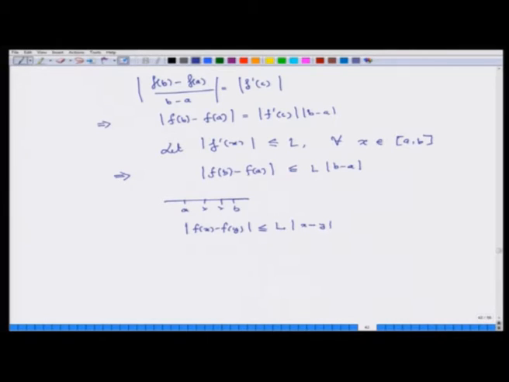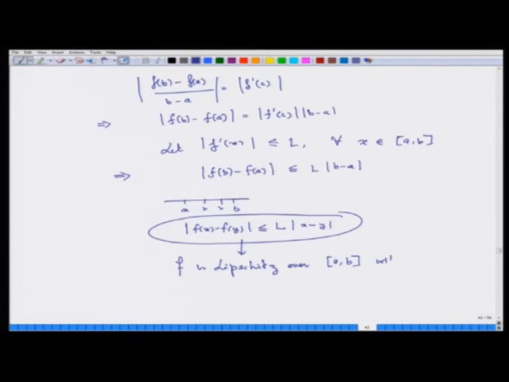So, this simply means that this property is called the Lipschitz property. So, we say that f is Lipschitz, and this is a very important property in many aspects of mathematics and engineering sciences, economics and all those things. So, f is Lipschitz over a b with Lipschitz constant L.